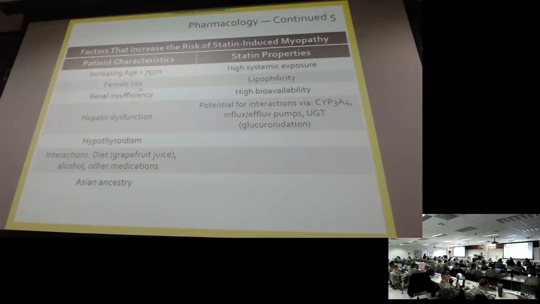If they're a female, we're going to attack them, beat them down, right, because they're female. Renal insufficiency, hepatic dysfunction, thyroid issues, so hypothyroidism, any of these other interactions that you see here, right? So their diet, Asian ancestry, things like this are going to predispose my patient to having an increased risk of experiencing myopathy, okay?